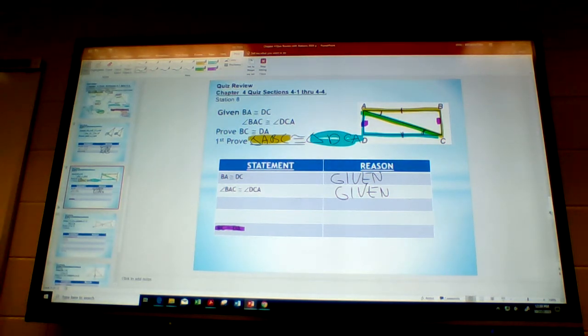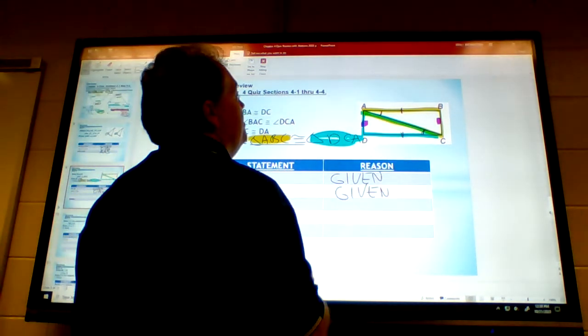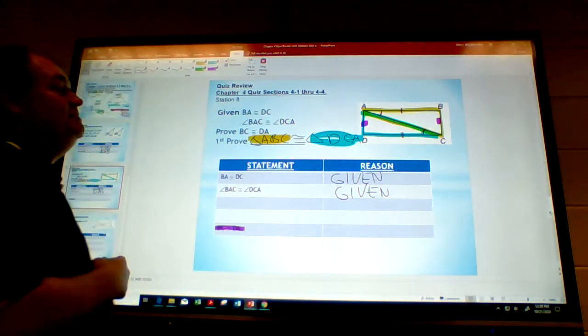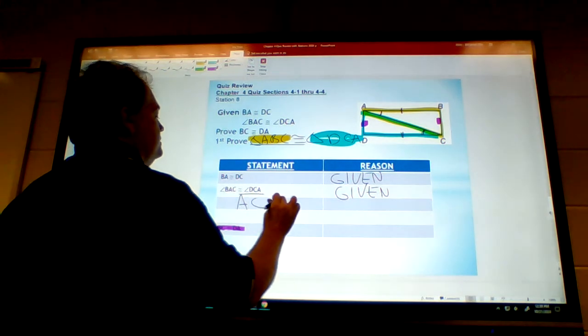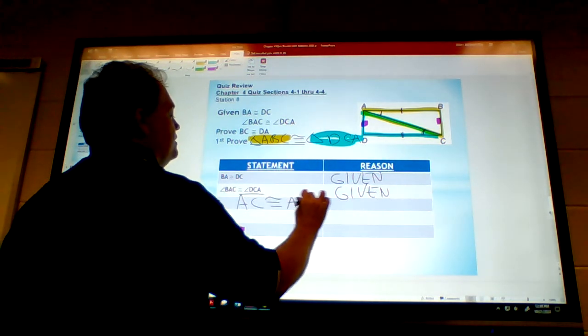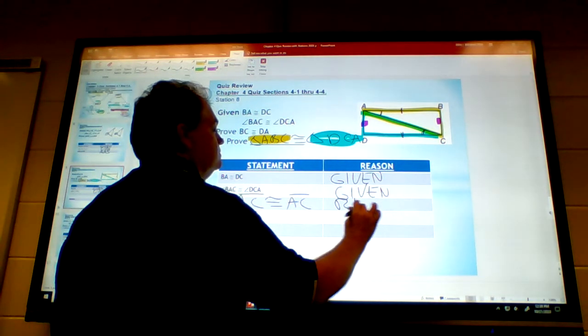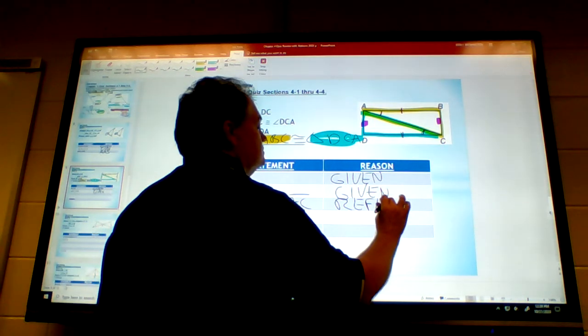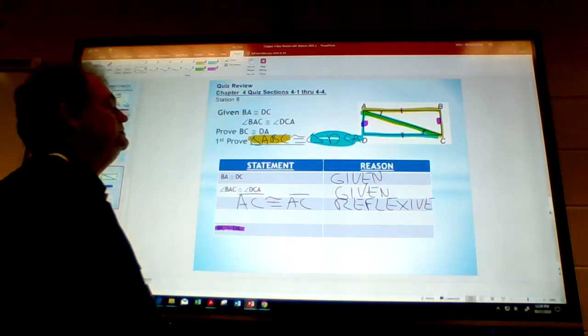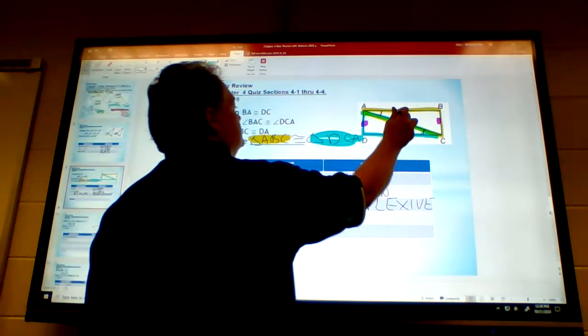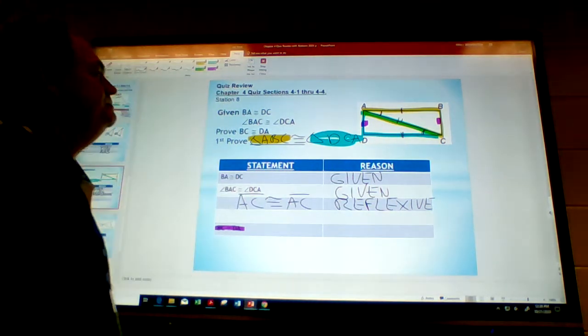Now, from information right here given, if you look, both the yellow and blue triangles share common side AC. So AC is congruent to itself by the reflexive property. So I'm going to mark that with 2 slashes.